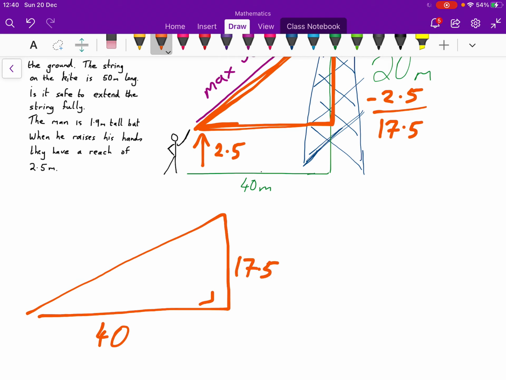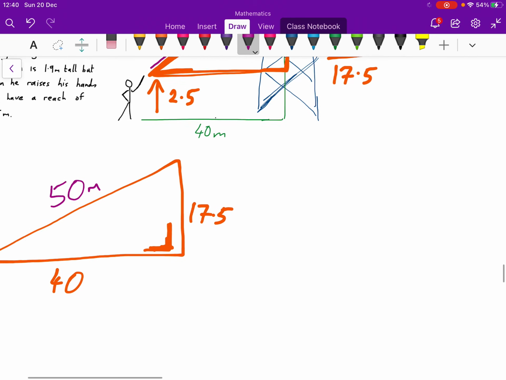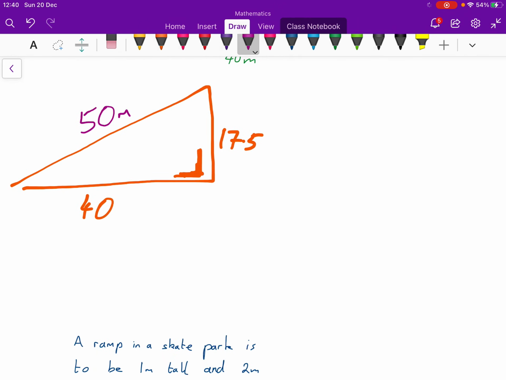Notice how we're assuming the ground is horizontal and the pylon is vertical. So we're assuming it's a right angle, which is a reasonable enough assumption. Okay, so we need to know about the 50 meters of his string. Is the 50 meters going to be too long and put him in danger, or is it safe enough to fly? That's what we're trying to figure out. So we can use Pythagoras' theorem here.